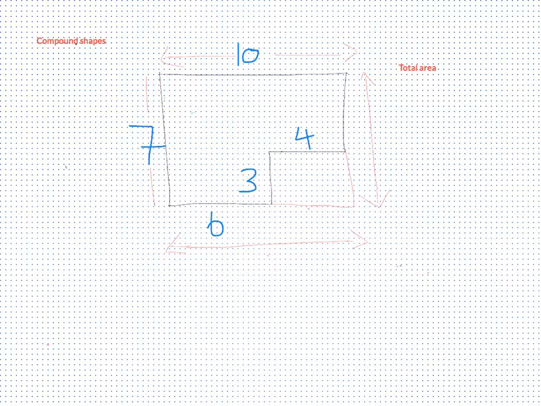We would say that that becomes 10 multiplied by 7, which would give us 70 square units. And then separately, we can calculate the area of the shaded part, which is the part we've added on.